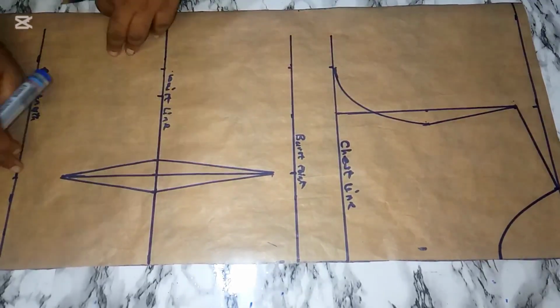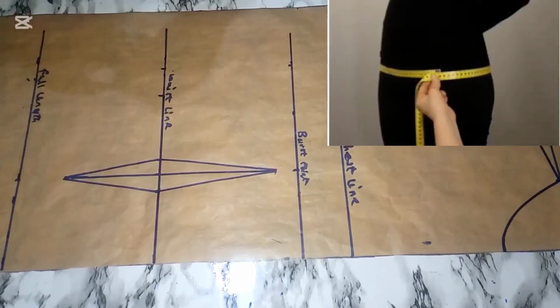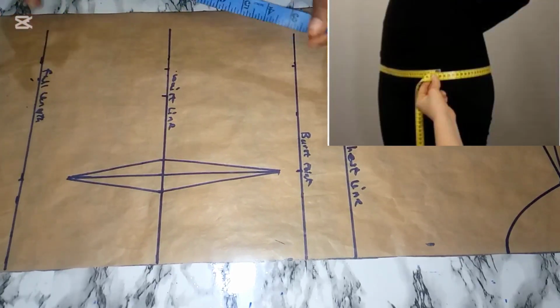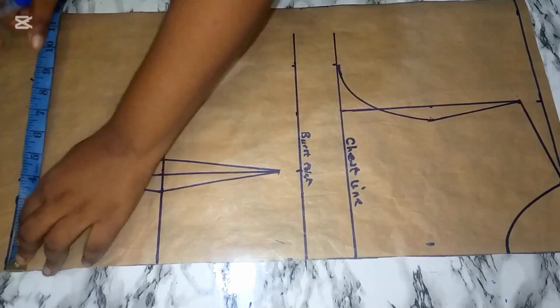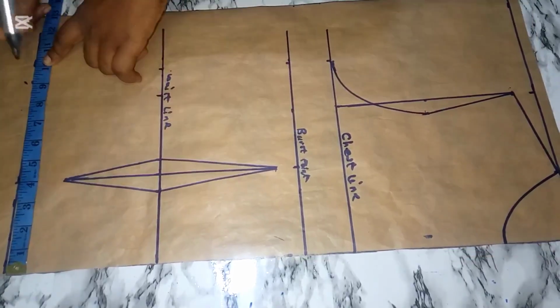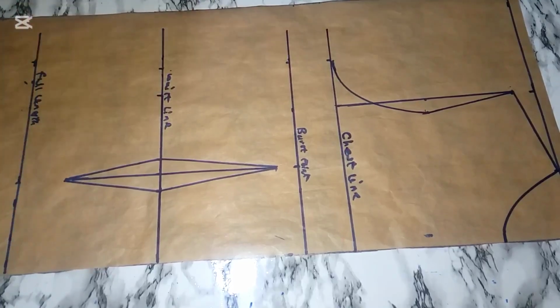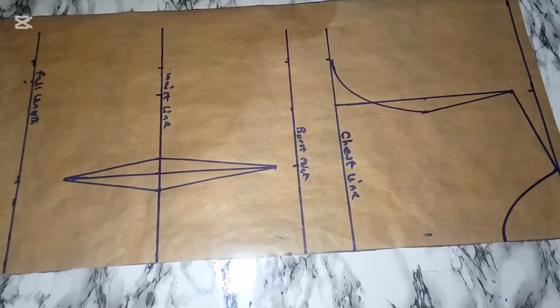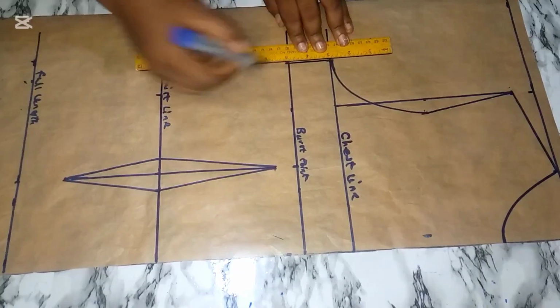Then on our full length, I'll be putting in my round hip measurements. My hip circumference is 41. I'll divide 41 by 4, and that will give me 10.25. So I'll mark it here. So after marking it out, it's now time to connect. I'll connect these two.